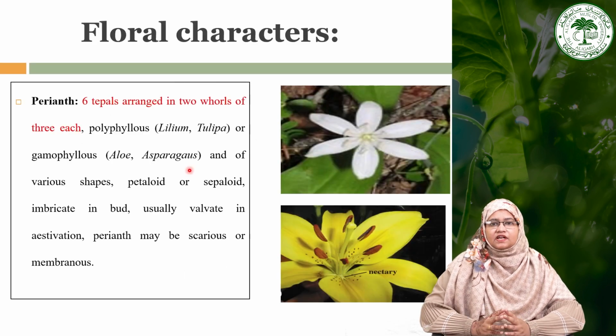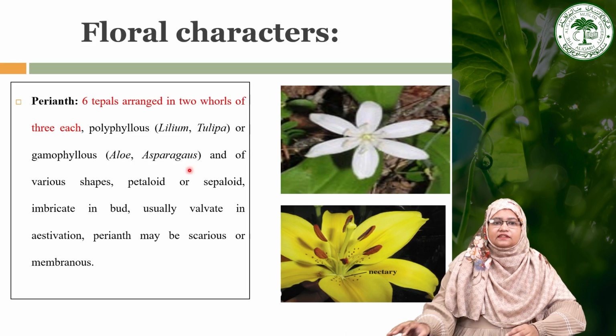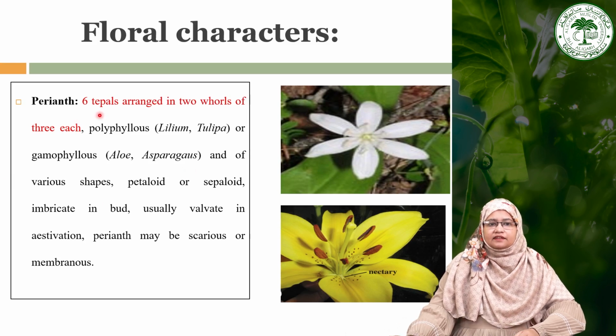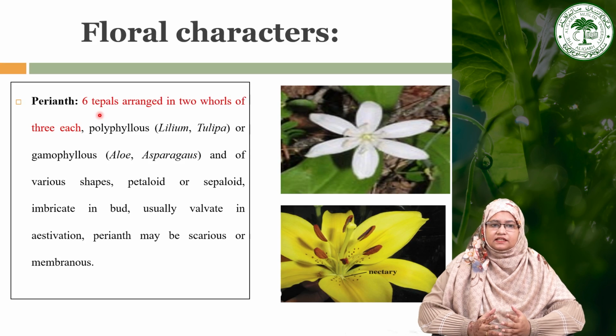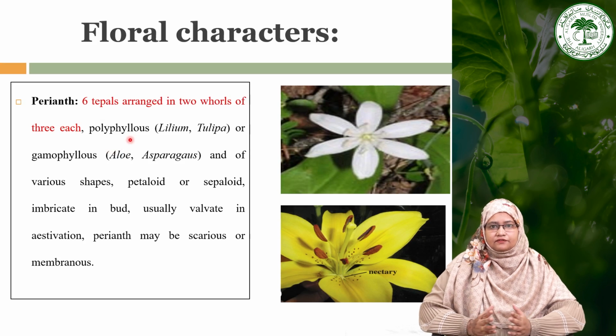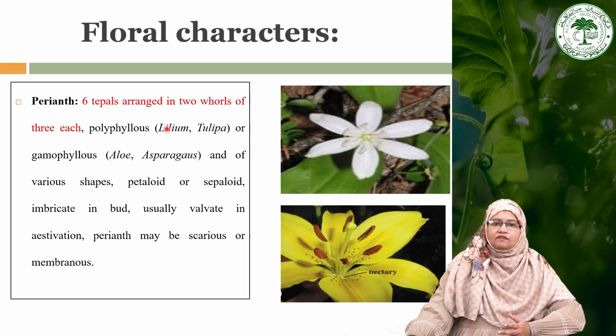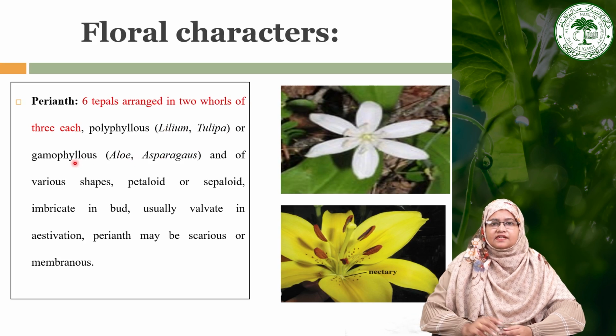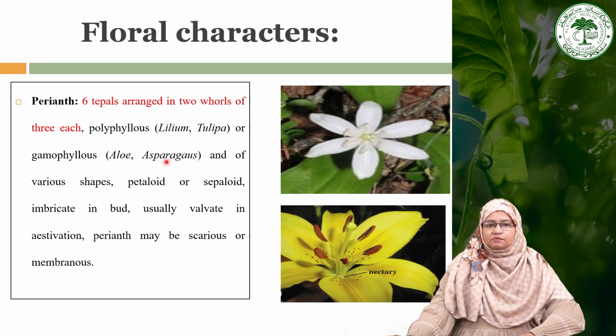Now, moving towards the individual floral parts, starting from the perianth. As we have seen, there are 6 tepals arranged in 2 whorls, in general 3 in each whorl. They are all polyphyllous, that means they are free, as in Lilium and Tulipa, but sometimes they may be gamophyllous, as in Aloe and Asparagus, and they have various shapes.